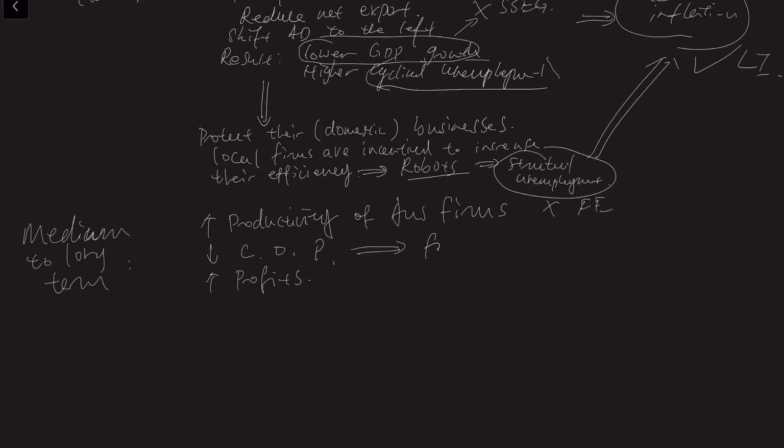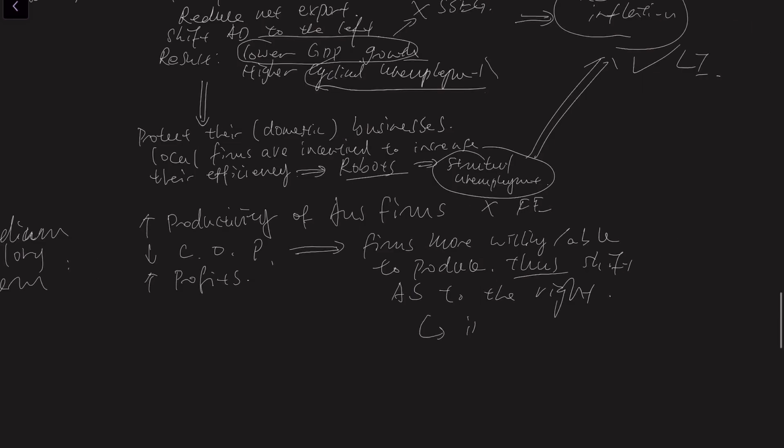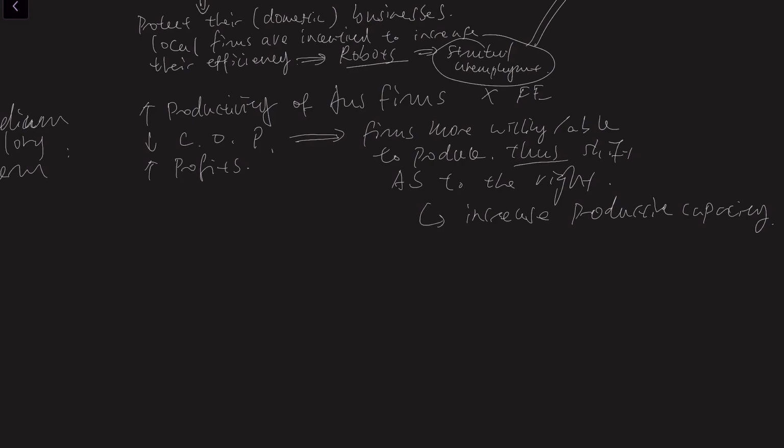So firms are more willing and able to produce, thus shifting the aggregate supply to the right and increasing productive capacity.